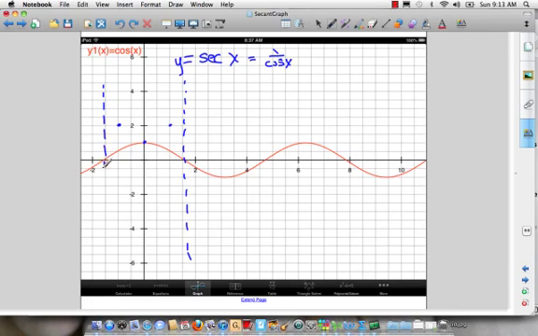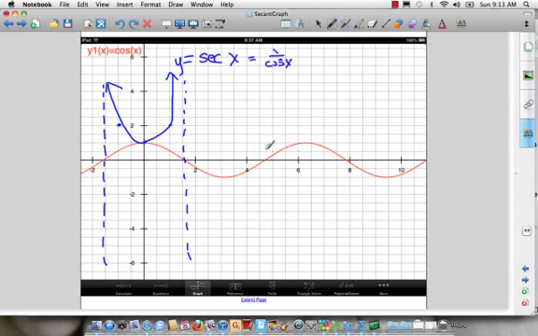And then once you have those vertical asymptotes drawn in, you can sketch the secant graph, which isn't really a parabola, but it resembles that in shape.